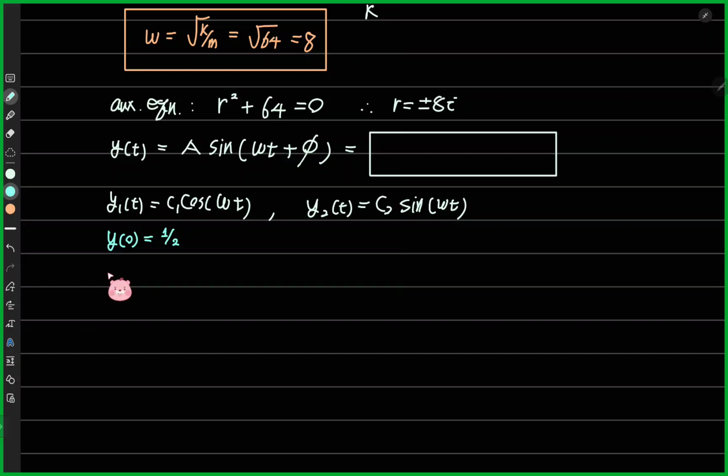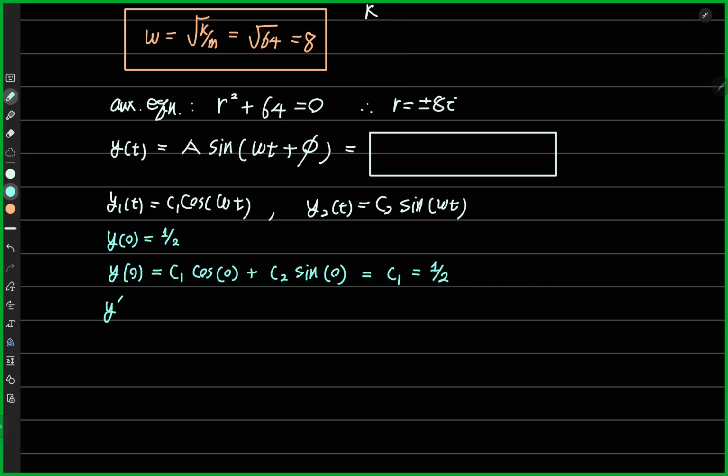So y of 0 is going to be c1 times cosine 0 plus c2 times sine 0, which means that c1 must be equal to 1/2. So c1 is 1/2.